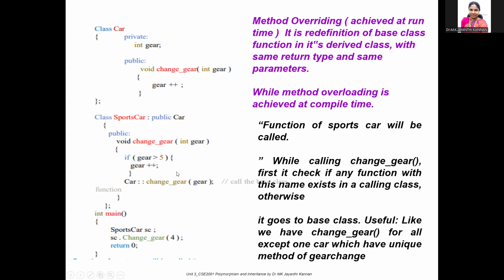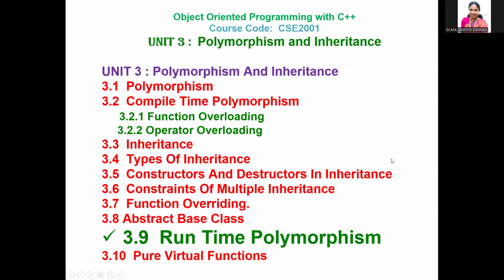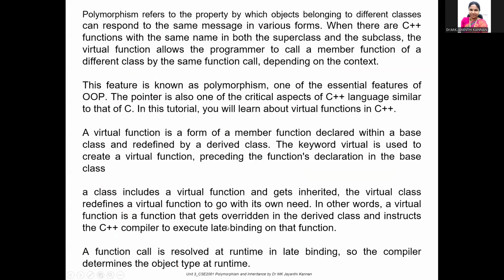Here also, the base class function will not be executed. The derived class function will be executed. So any doubt so far? We discussed constraints of multiple inheritance, constructors and destructors in inheritance, function overriding, and abstract base class. Any doubt so far?